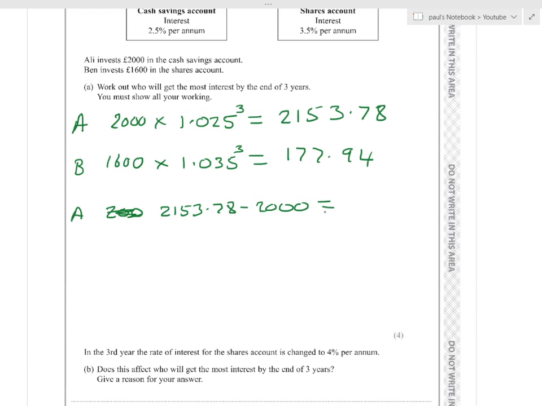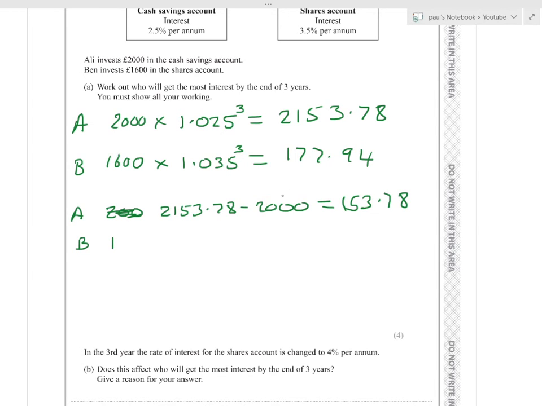This will tell us what the interest is. It's 153.78. I could have done that without a calculator.